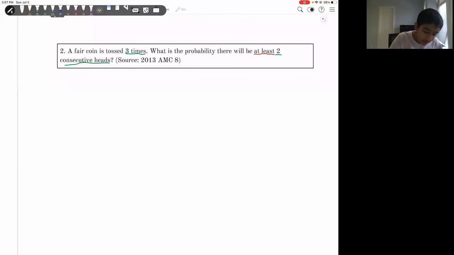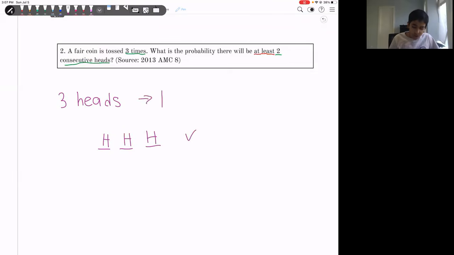So in order to have at least 2 consecutive heads, we can either have 3 heads. And if we have 3 heads, this is basically HHH, and this, of course, works. So there's one way for this case. And now we can also have 2 heads. But the key thing to note here is that not all of these cases actually work.